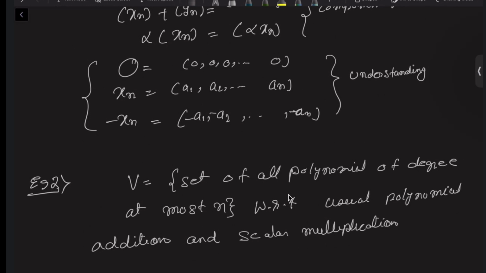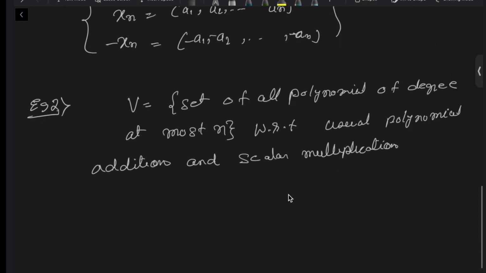We know how to add two polynomials, and we know how to multiply a scalar to a polynomial.